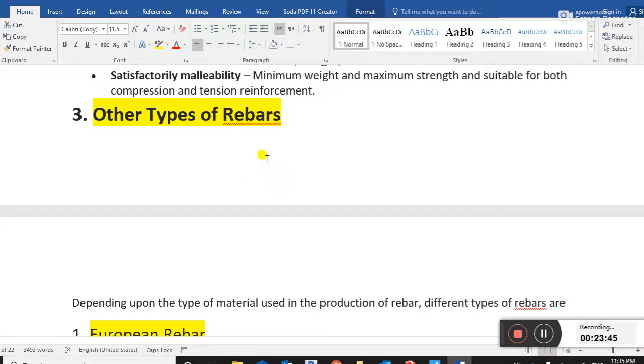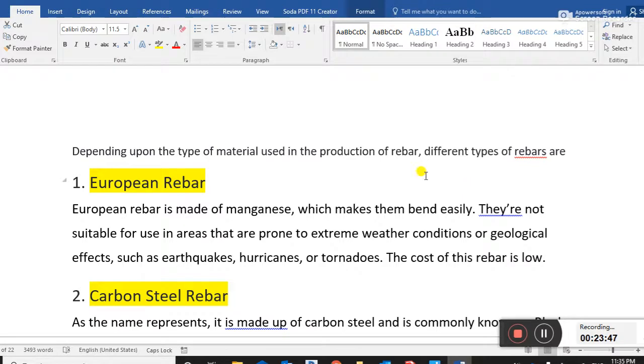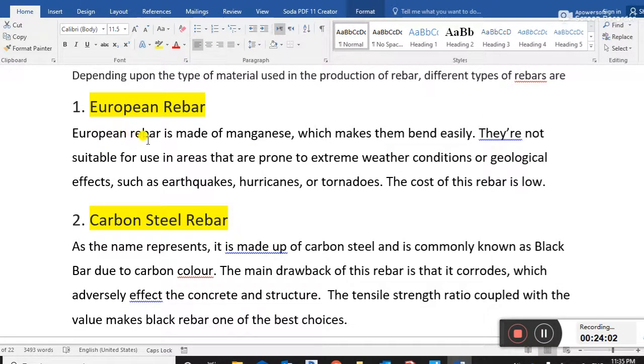Other types of rebars, guys. Depending upon the type of material used in the production of rebars, different types of rebars are as follows. European rebars. European rebar is made of manganese, which makes it bend easily.